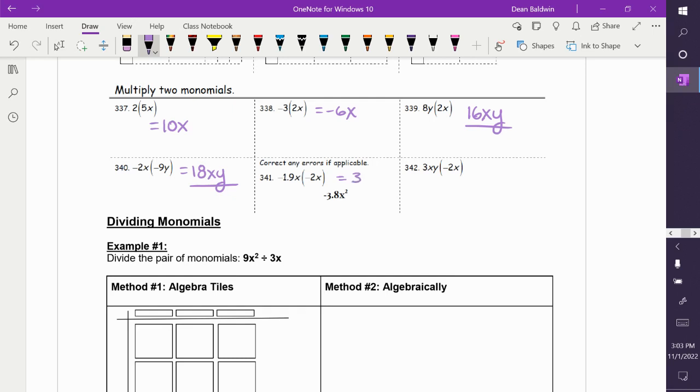It should be 3.8x squared. But it still has a negative there. So you're right in that you could go, well, that's not attached. So 1.9 times that is negative 3.8, right? But the negative is still there, so you have to multiply it at the end. So then it goes away. And the last one, negative 6. And then the x is combined to give you x squared, and you get the y.